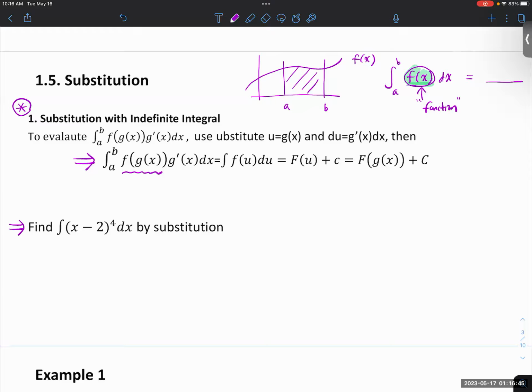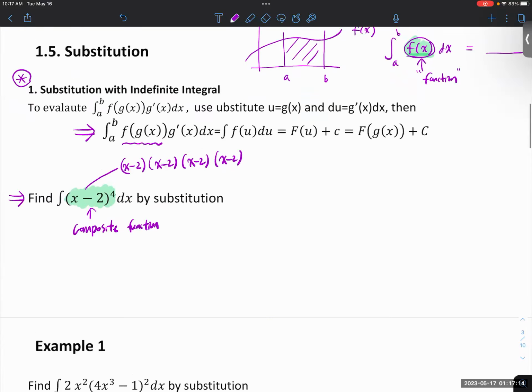So in this integral, they're dealing with x minus 2 to the 4. What does that mean? You are multiplying x minus 2, the same function, 4 times. In other words, this is a composition function, which means one of the functions has been subbed into another function.